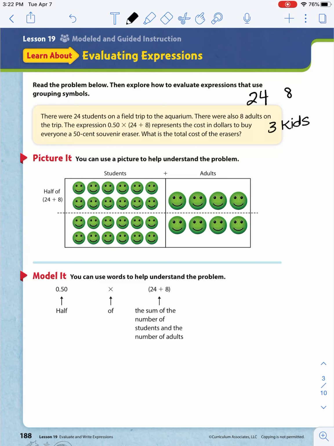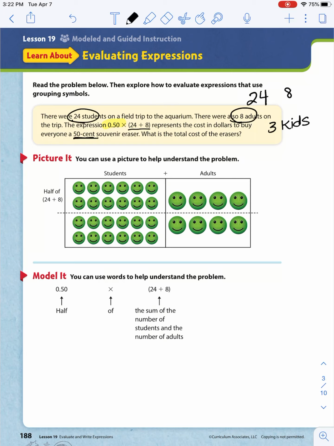If everyone's going to get a souvenir eraser, that would be 24 students as well as 8 adults. They made the 50-cent eraser a decimal to help you get ready to solve the problem. What I see is they put in parentheses 24 plus 8 first. Why would they do that?